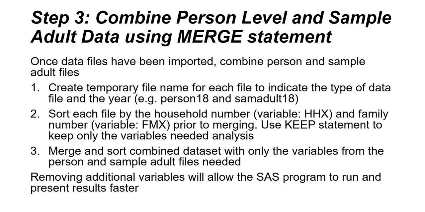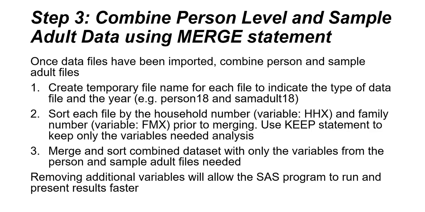So the next thing we want to do is step 3, combine person level and sample adult data using the merge statement. Once your data files have been imported into SAS, you can combine the person and sample adult files. Typically, I create a temporary file name for each file to indicate the type of data and the year.